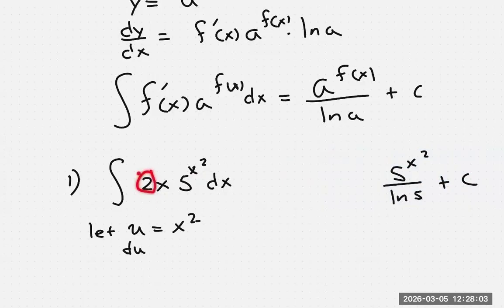Differentiate u with respect to x, you're going to get 2x. Obviously, 2x is there, so you can just multiply both sides by dx. Therefore, du is equal to 2x dx.